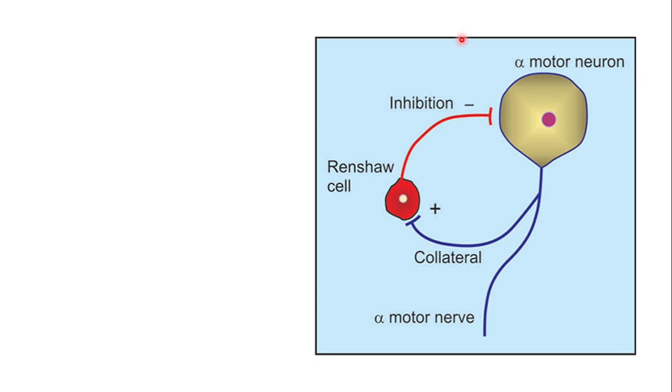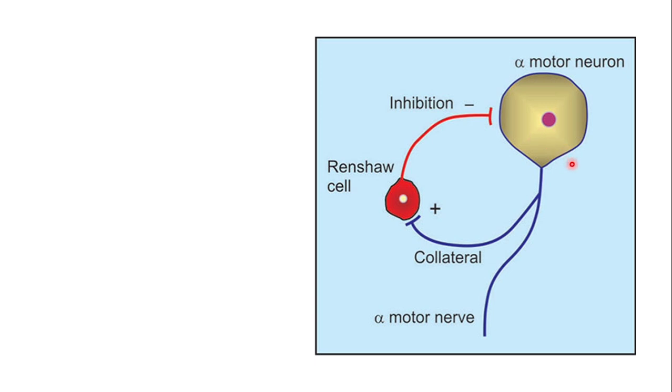There are a couple of ways by which they're inhibited. The one we're going to be talking about now is this way here, through an inhibitory interneuron. So there's this inhibitory interneuron called the Renshaw cell. It releases inhibitory neurotransmitters such as GABA and glycine, and we're going to be talking about neurotransmitters in later videos. And those neurotransmitters prevent this motor neuron from firing excessively and leading to muscle spasms.